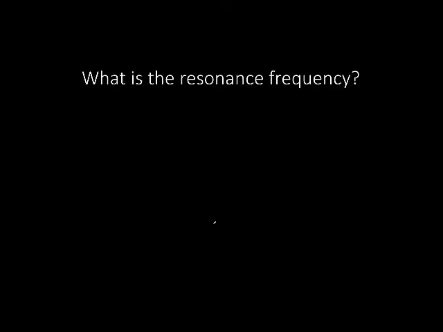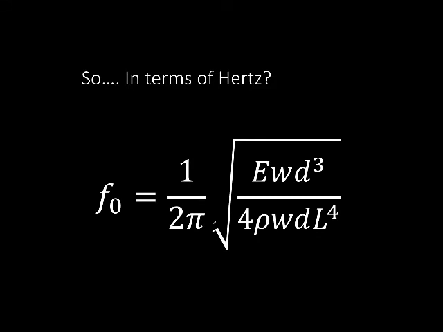All right, so I'm going to include a video that talks about the cantilever and how it's moving, so that'll probably be tagged on to the end of this lecture. Okay, so let's look at the resonant frequency again. What is it in terms of hertz?